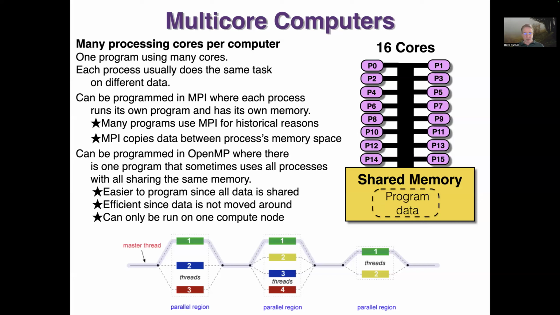So the diagram at the bottom is a diagram of what a program might look like over time as you go from the left to the right. The scalar parts are all done by the master thread. And then when you hit a parallel region, like your loop, that's where you would get it divided amongst the cores that you have.